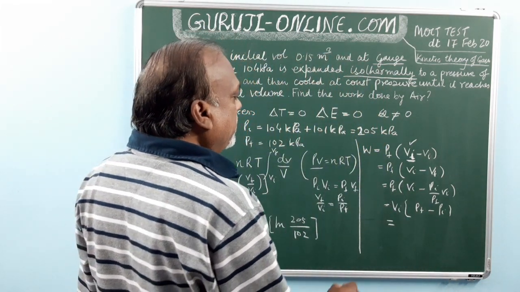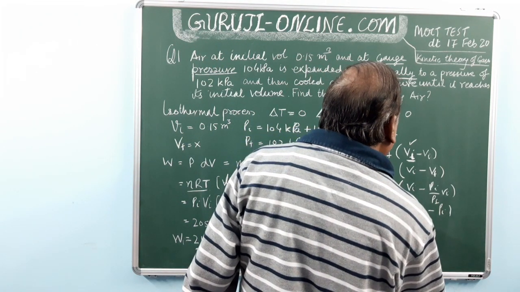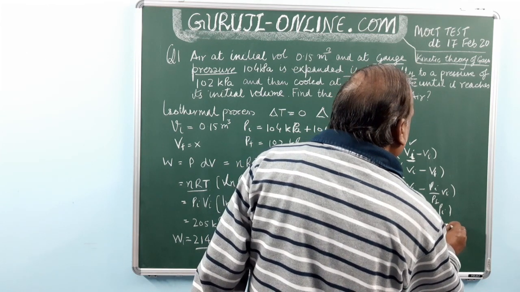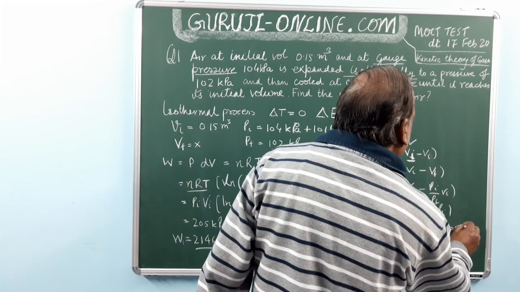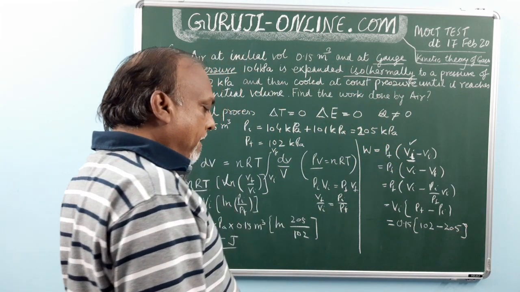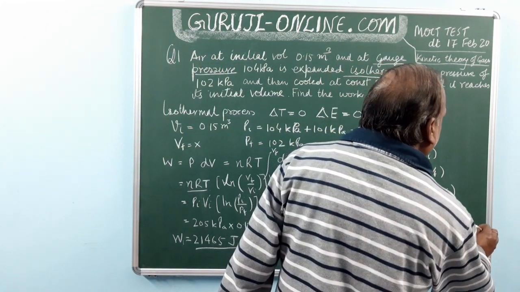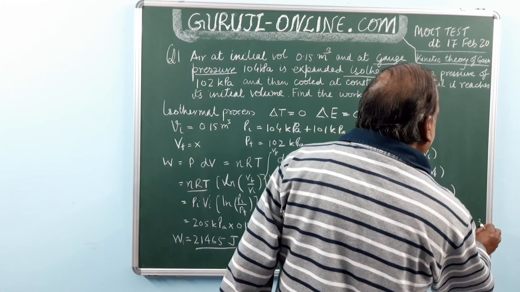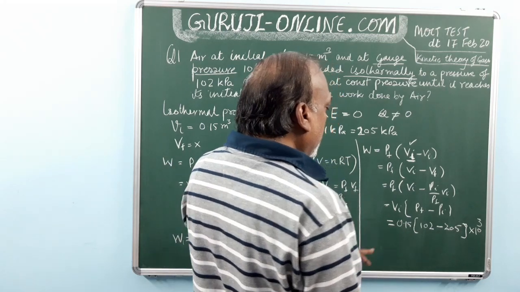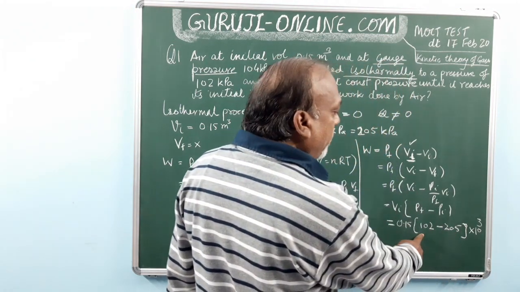Here again VI we know, 0.15. This is 102 minus 205 into 10 raised to 3. That is because this is in kilopascal.